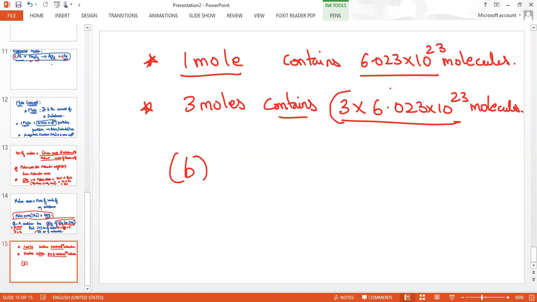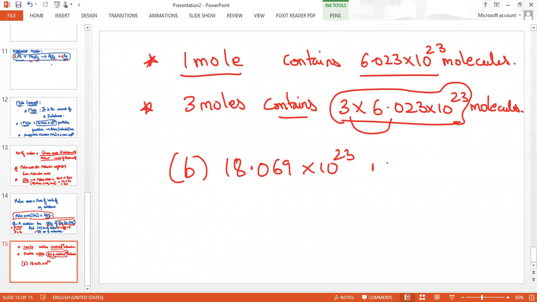If you want, you can multiply these two terms, that will be 18.069 into 10 to the power 23 molecules. Till here you can leave it. This is the answer. No need to calculate further.